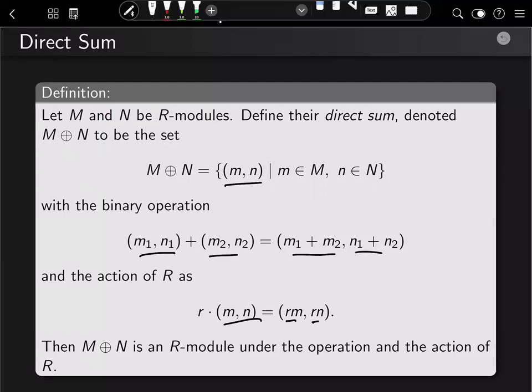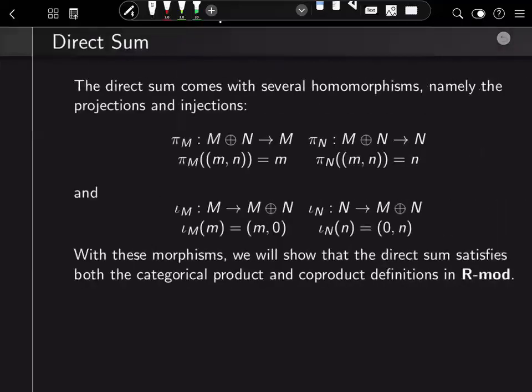This is a simple exercise. You can check that the direct sum, as we've defined it here, is an R module under the binary operation and the action of R. So this indeed is an R module. But we don't know yet that it satisfies the categorical definitions of product and coproduct. So we'll go into that now.